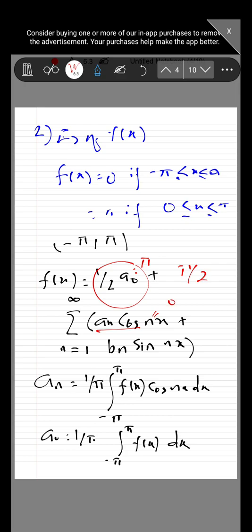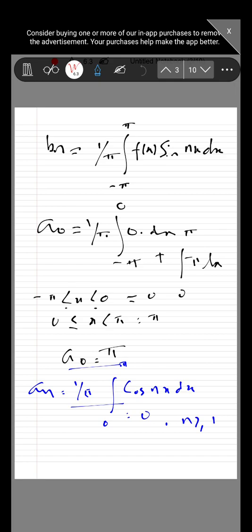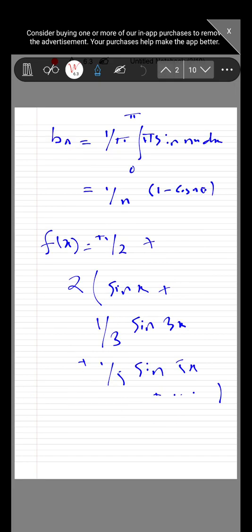So we have b_n sin nx, and we have found that the value of b_n to be equal to 1/n (1 minus cos n pi). So again, it will be 1/pi. The first one will be sin x, then 1/3 of sin 3x, 1/5 of sin 5x, if we do the integration from 0 to pi.